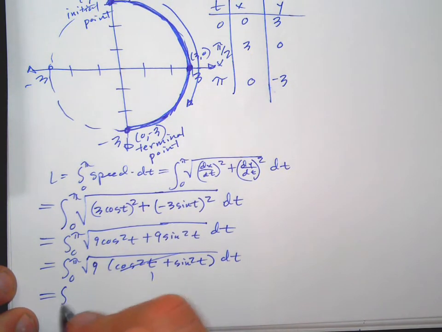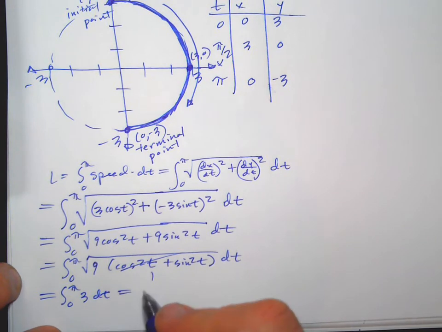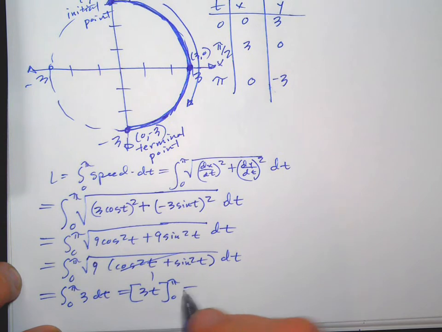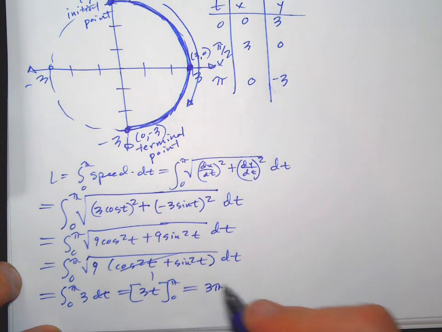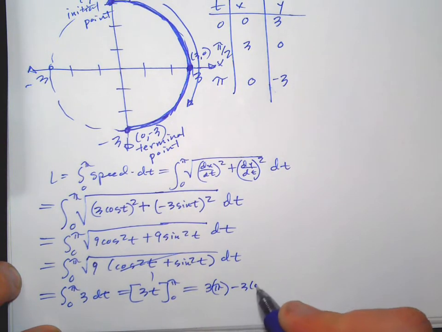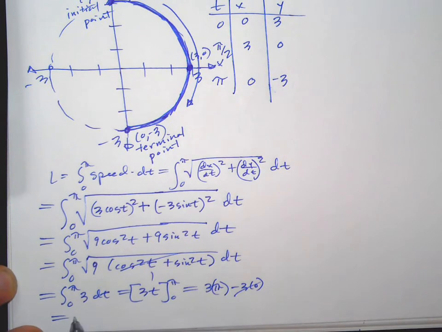So it's going to be the integral of 3. The antiderivative is 3t. We're going to plug in the limits, and we're going to get 3 pi for the answer.